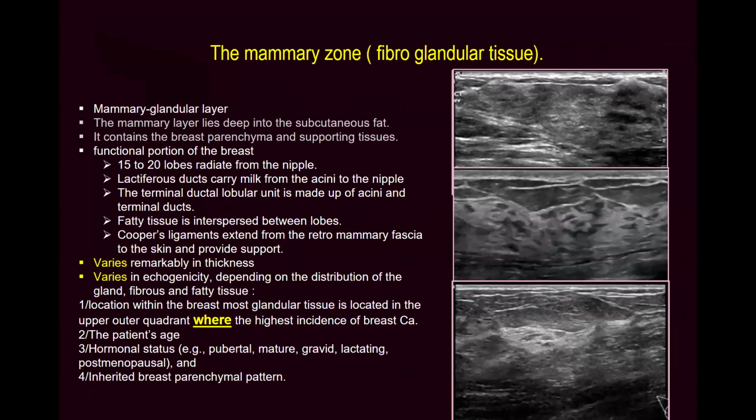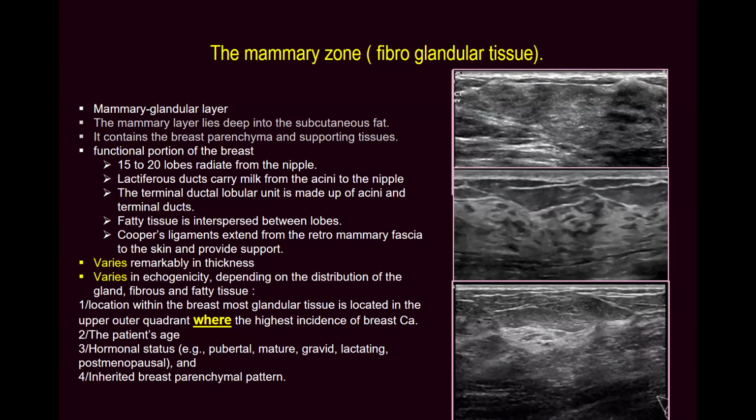So the mammary zone, you know, is the functional zone, as we mentioned before, containing the ducts and the glands, and it is variable in thickness and variable in echogenicity, and as you know, depends on the age and on the hormonal status: pubertal, pregnancy, lactation, postmenopausal.